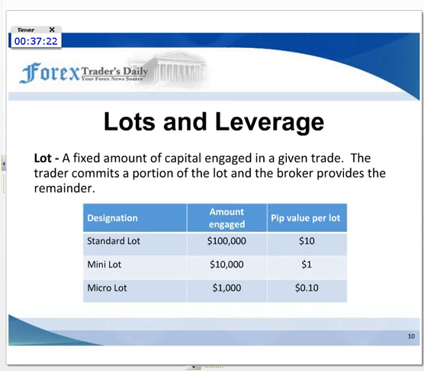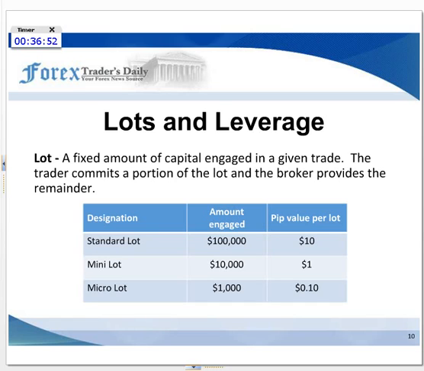Now, as you can see here in this table, there are amounts of capital engaged for a standard lot, which is $100,000 engaged for a lot. A pip value at a standard lot is about $10, depending on the currency pair you're trading. For a mini lot, the amount engaged is $10,000 for about $1 per pip. Remember that small unit of the exchange rate. And lastly, for a micro lot, the amount engaged for one lot is $1,000 for 10 cents per pip.